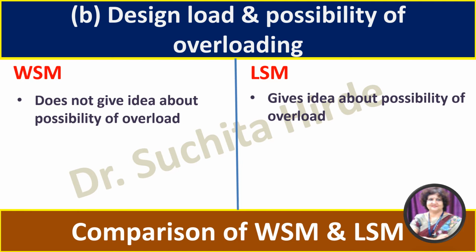Therefore, there is possibility to put the excess load beyond the working load. So we have idea about the excess load which a structure can carry beyond the working load without collapse in case of limit state method.